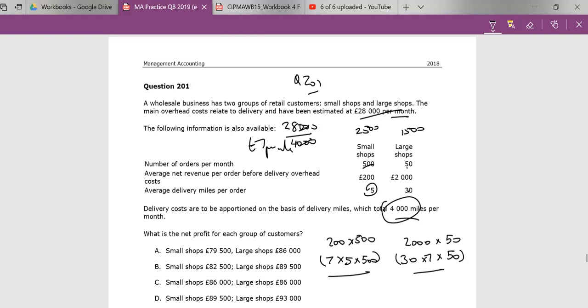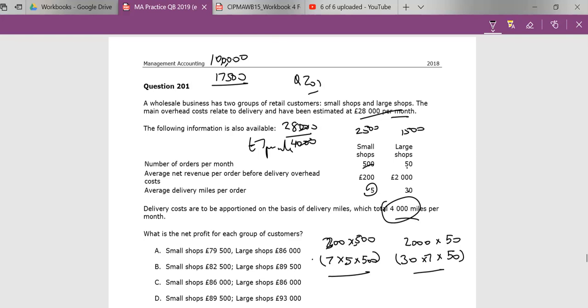Just doing this in the calculator, I'll do this one first. 7 times 5 times 500 is 17,500. And 200 times 500 is 100,000.